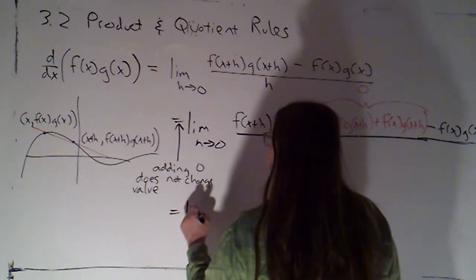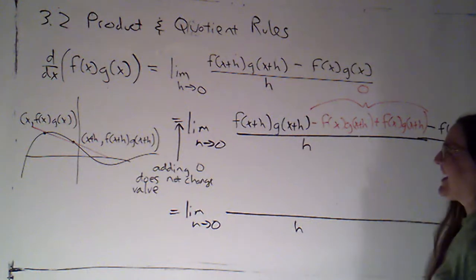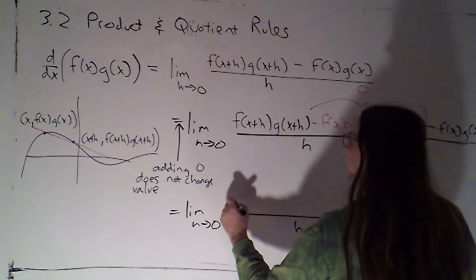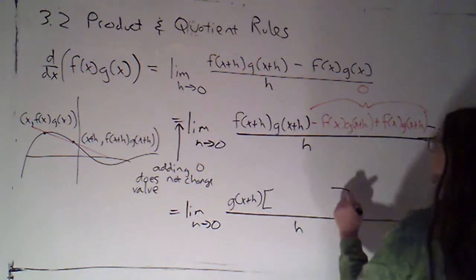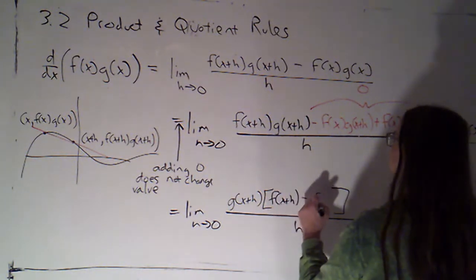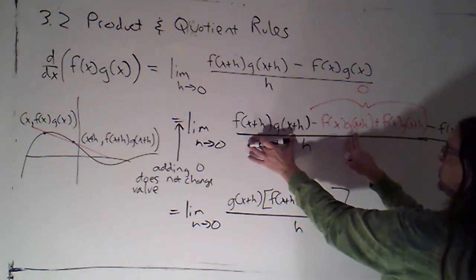So I'm going to say this is the limit as h goes to 0. The bottom is still h. From this first pair, I'm going to factor out the g of x plus h, and that's multiplied by f of x plus h minus f of x. So that takes care of my first 2 terms.